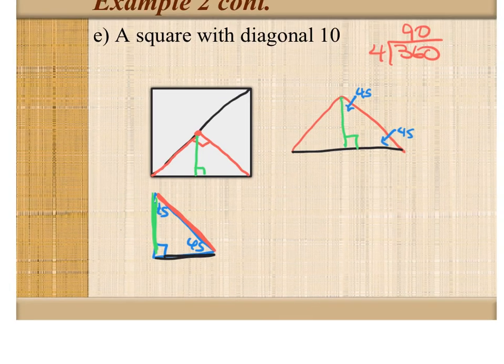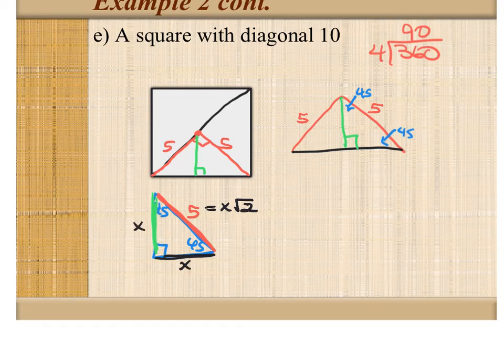So if you recall, they told us that the diagonal was 10. So this tells me that this piece here is 5 and 5. So if I put a 5 here for my hypotenuse, remember in the 45-45, this 5 is equal to whatever x is with root 2. So these are my 2 legs here.